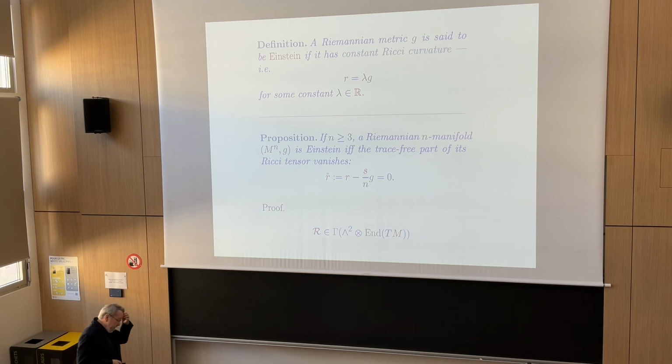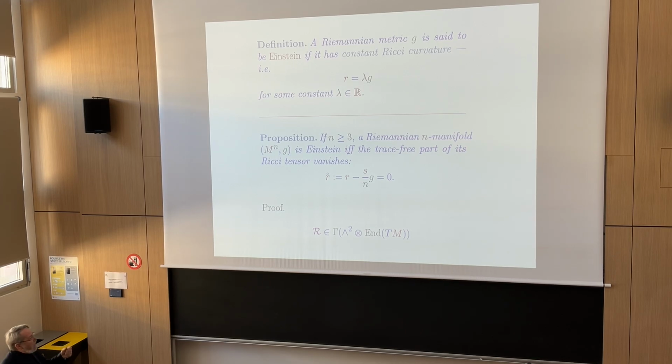Because I'm hoping that there's a significant contingent of this audience consisting of students, let me give you some proofs of simple facts like that, which I think are important. So first of all, how do we think of the curvature tensor? The curvature of any bundle should be thought of as a 2-form with values in some bundle.